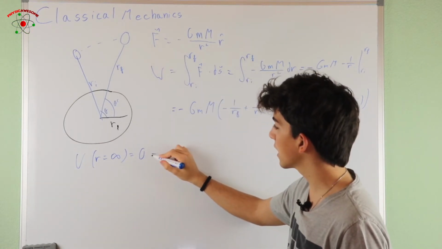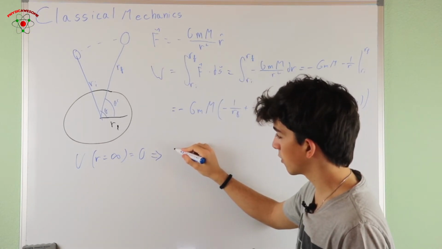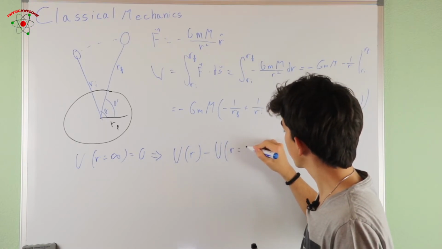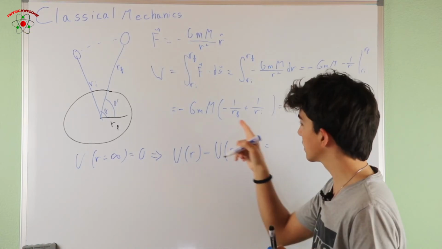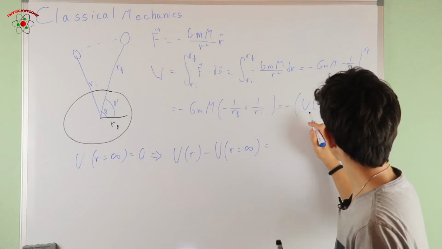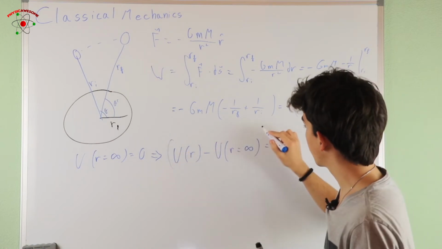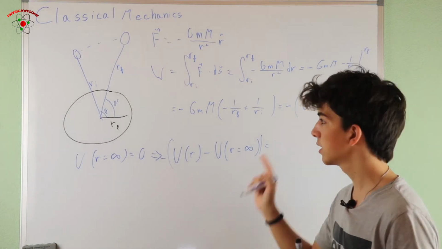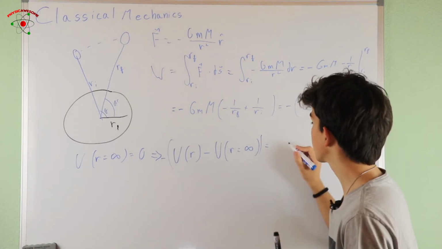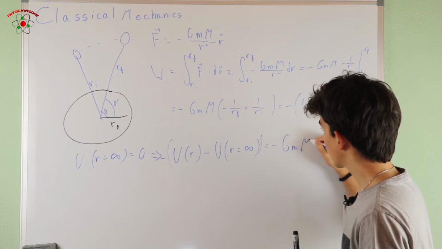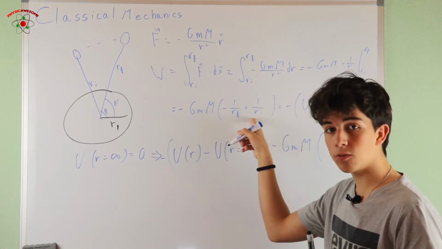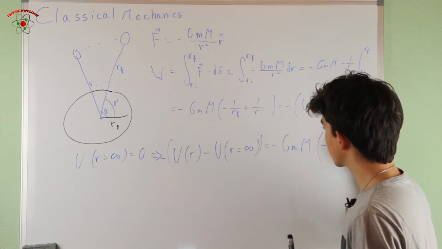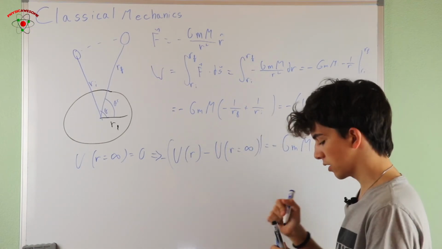Therefore, we would get that for an arbitrary point U(r), we go from infinity and we get this expression, which is, well, the minus of this expression, the negative change in potential, gives us exactly this expression, and we substitute that the initial radius is going to be infinity, so this is going to go to 0, and we are going to have minus 1 over r.